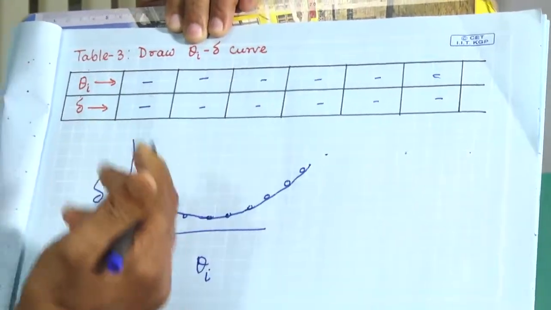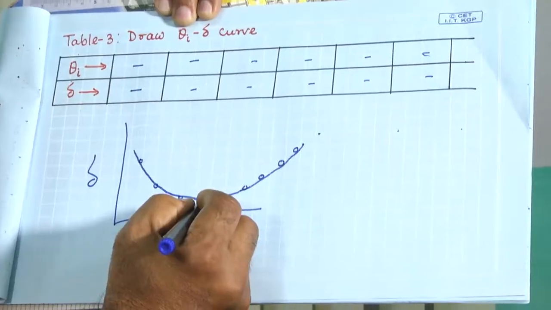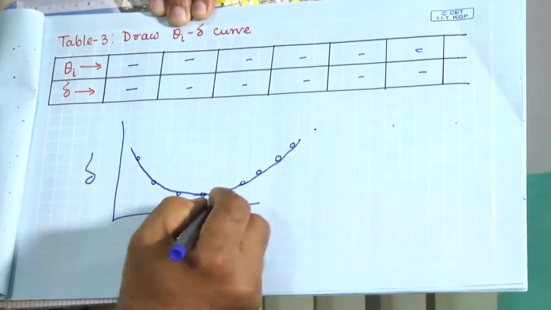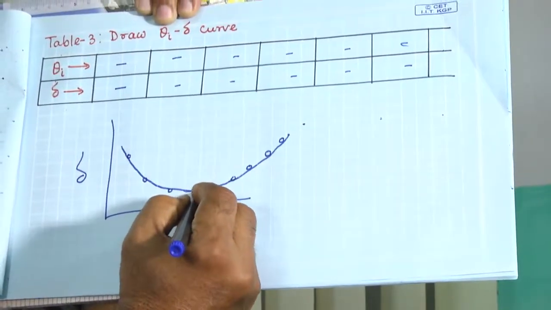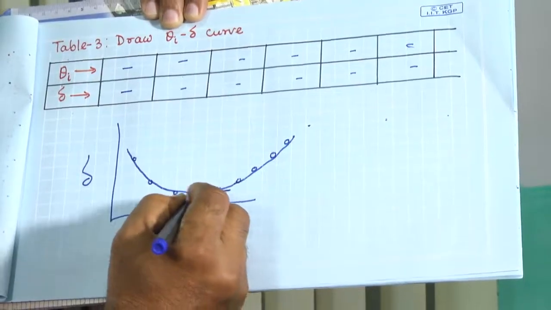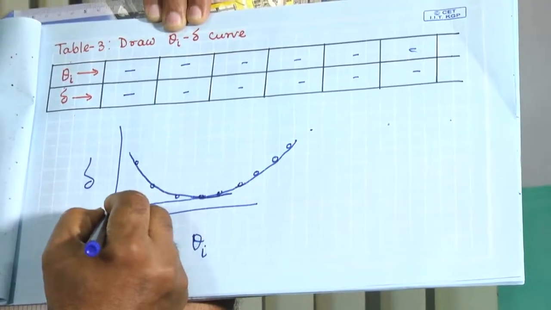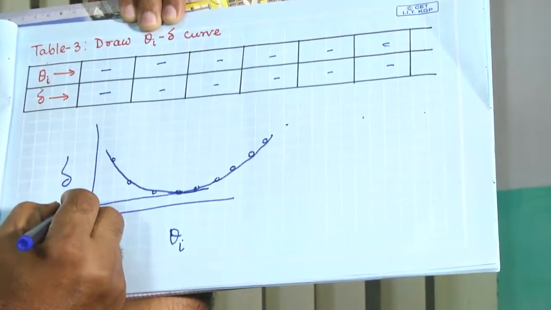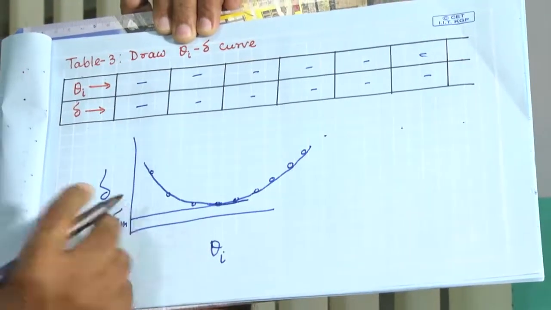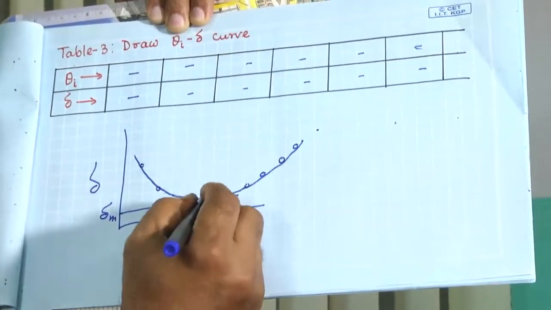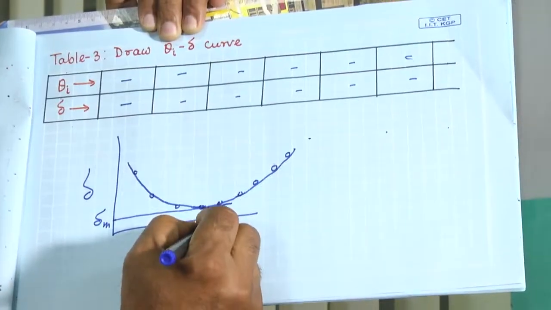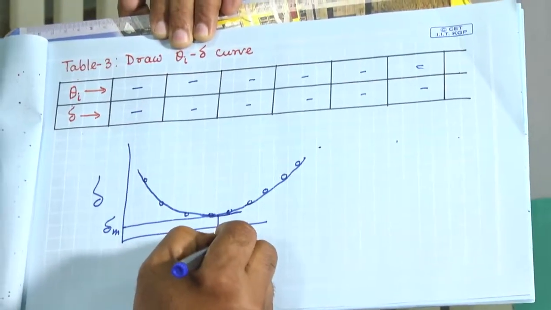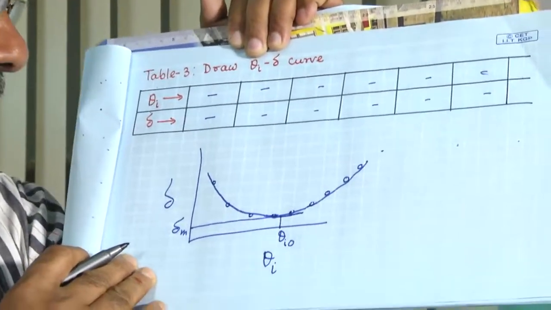So, now from there you can find out this minimum deviation. You draw a line, so this will be the minimum deviation and the corresponding angle will be say theta I0, right.